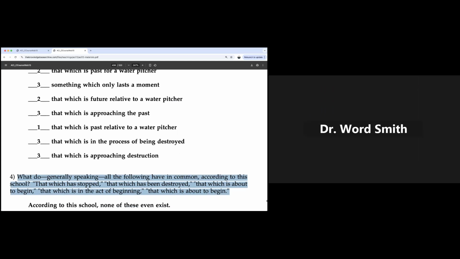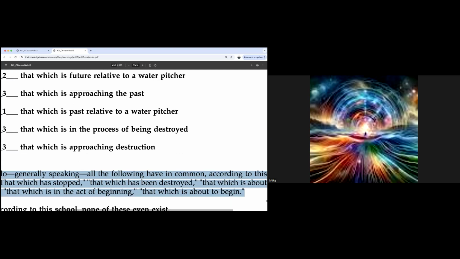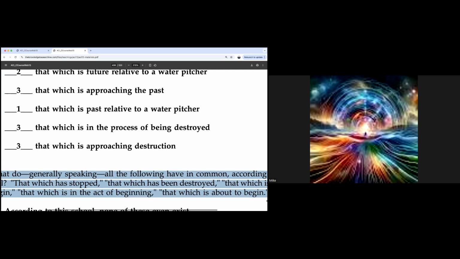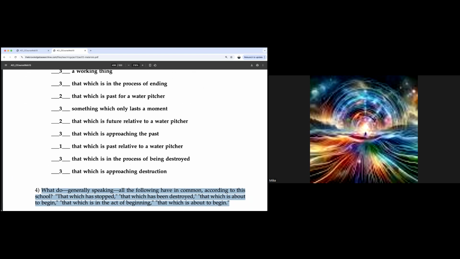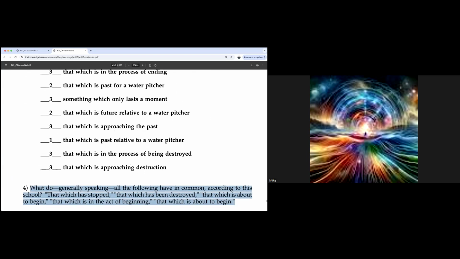Okay, Reed, go ahead. What do all the following have in common, generally speaking, according to this school? That which has stopped, that which has been destroyed, that which is about to begin, that which is in the act of beginning.